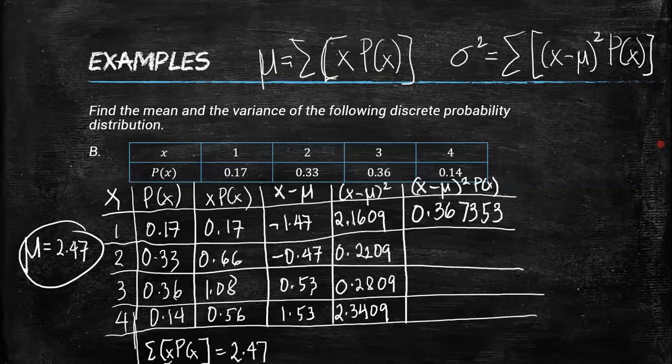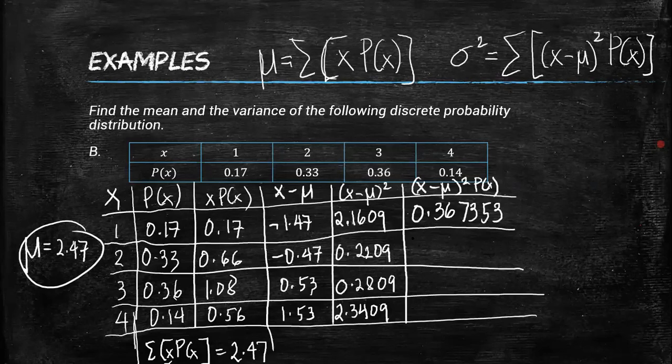Okay, sige, mag-usap na tayo para uniform yung answers natin. Dapat kapag nagsusulat tayo ng value sa table class, 6 decimal places lahat-lahat. 6 decimal places po yung ilalagay natin sa table. Pag sumobra na siya ng 6 decimals, i-round off na lang natin. Basta 6 decimal places, katulad ditong sa pinakadulo na column. Okay? Ayan. So, next is 0.2209 times 0.33.